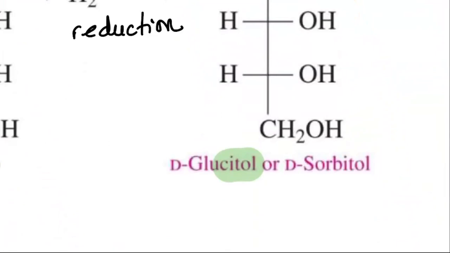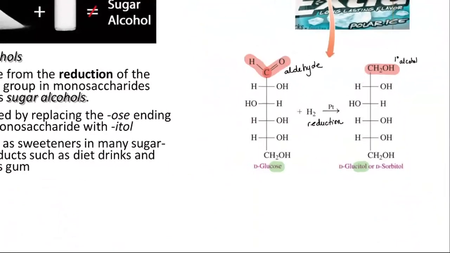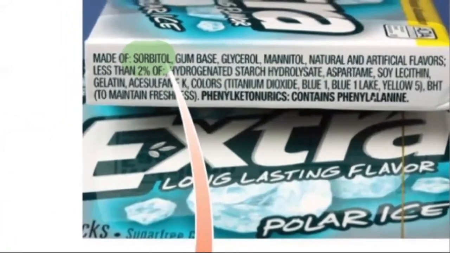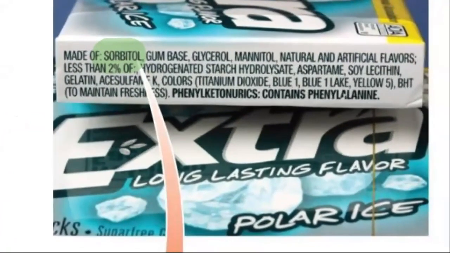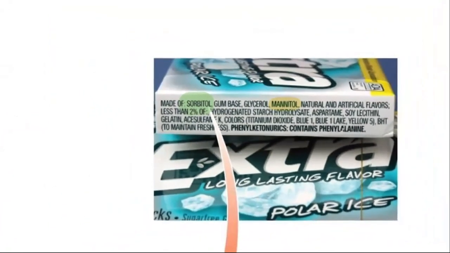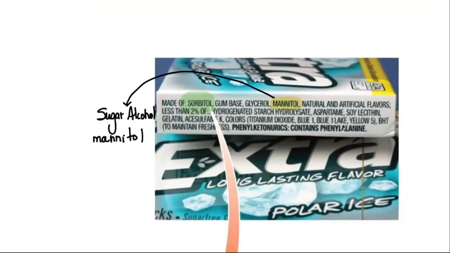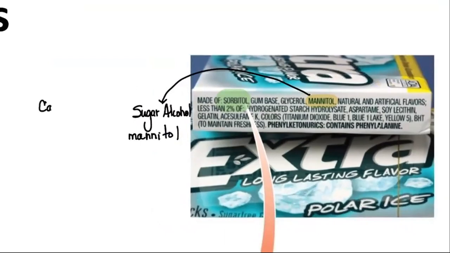Okay? So sorbitol, glucitol, same thing. Now, if we look at the ingredients in this sugar-free gum, we can also see that there's another sugar alcohol. It is right here, mannitol. So if my sugar alcohol is called mannitol, and I'm trying to find the carbohydrate that it came from.